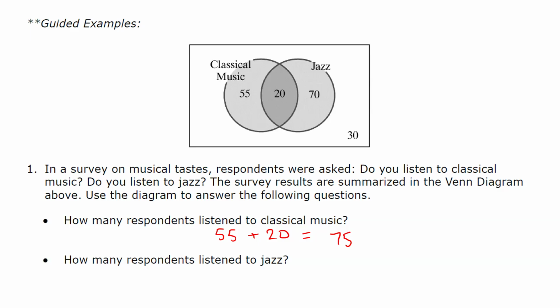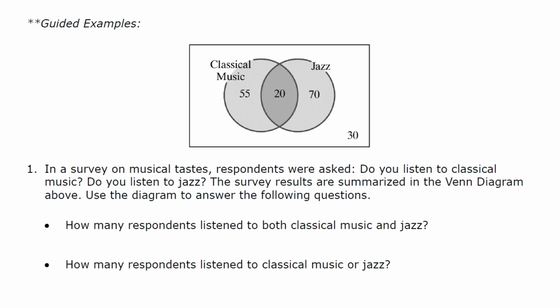How many respondents listen to jazz? Now, jazz is the second circle on the right. The two values in that circle are 20 and 70, which added together get us 90. So 90 respondents listen to jazz.